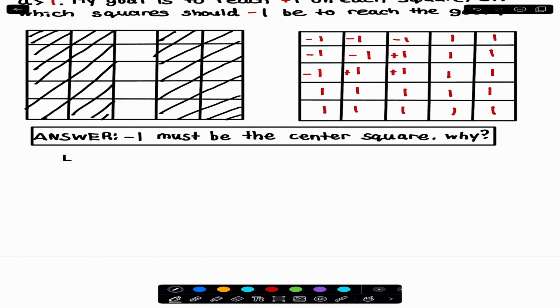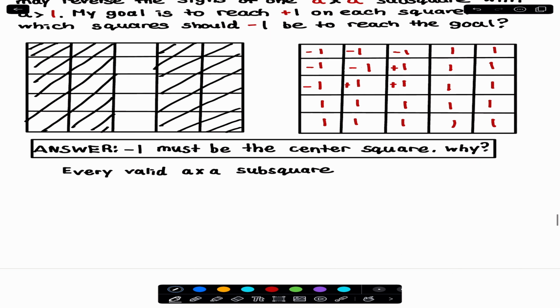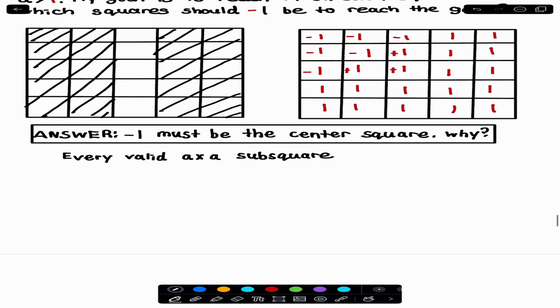Well, now, thanks to this genius coloring scheme, if you notice, every valid A by A subsquare, so that would be any 2 by 2, 3 by 3, 4 by 4, or 5 by 5, every one of these subsquares contains an even, yes, number of black squares.